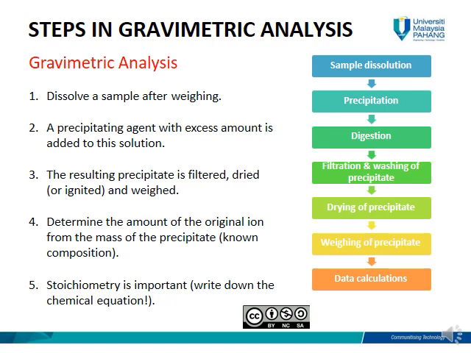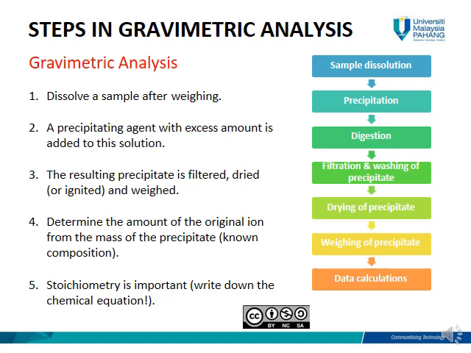The third step is that the resulting precipitate is filtered, dried or ignited, and weighed. This is what I explained just now: after you do the titration and the precipitate forms, you filter the precipitate and dry it, so that we can remove the excess solution still attached to the precipitate.